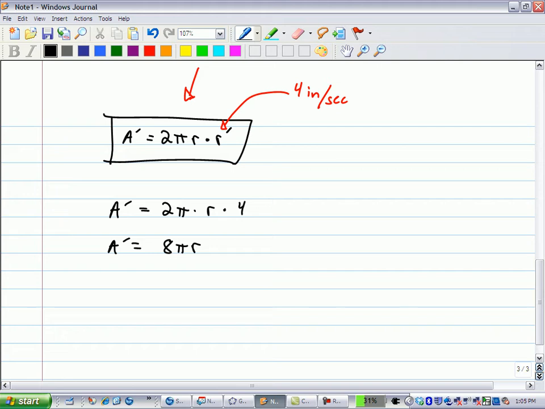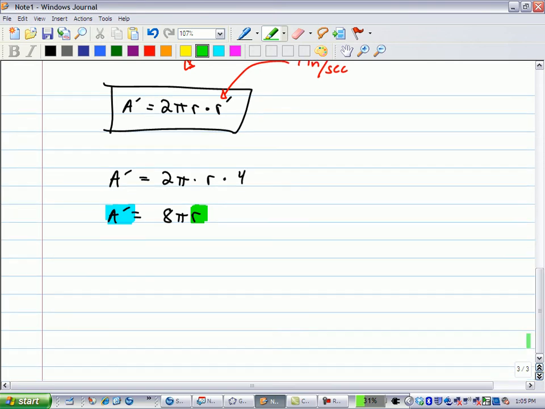Does it depend on r? Does A prime have anything to do with what the current radius is? Yeah, it's over there in the formula. Now check your guess. You guys said the larger r was, the larger A prime would be. Does this formula support that? Okay, cool. So that kind of gets us started.